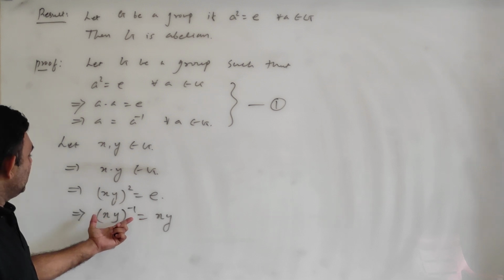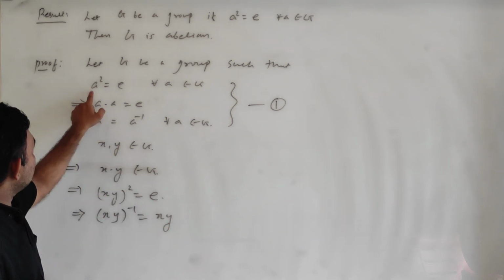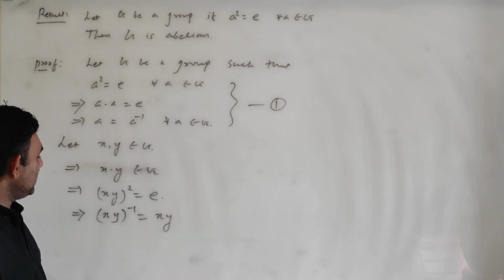I can write it in this way: (xy) inverse is xy, because if (xy) square is identity, then a is equal to a inverse.